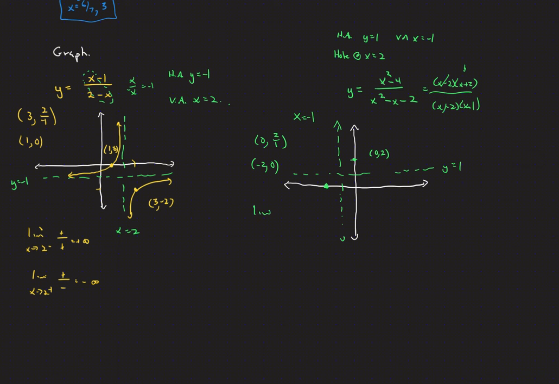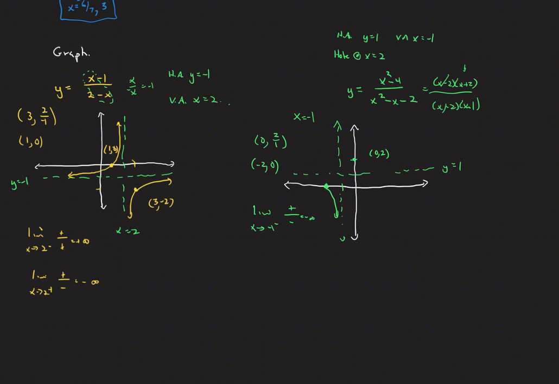We're going to take the limit as x approaches negative 1 from the left. So if we plug in say negative 1.1, negative 1.1 plus 2 is a positive, negative 1.1 plus 1 is a small negative. That's going to go to negative infinity.